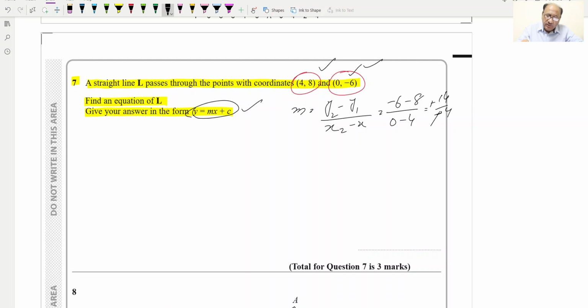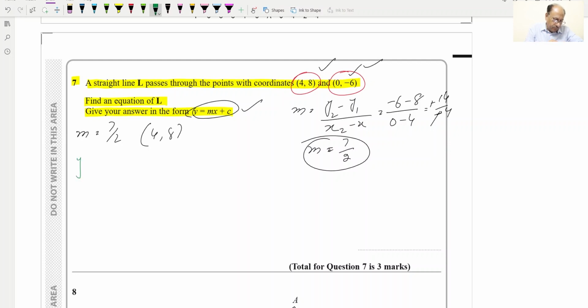So minus will be cancelled, and the m value simplified will be 7 over 2. This will be our gradient, and we can use m value 7 by 2, and a point we can use any of these points. I am using 4 and 8, and we will write the equation.